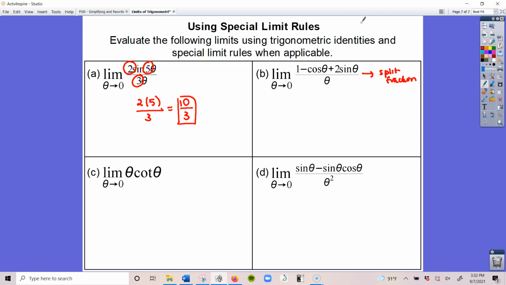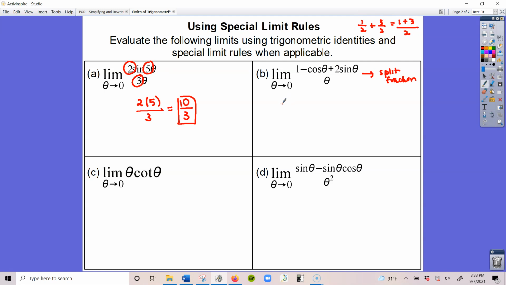You know how if you had 1 over 2 plus 3 over 2, everything is over 2, right? So we would just add the numerators, 1 plus 3, and leave it over 2. That's what happened here. This is 1 minus cosine theta plus 2 sine theta, and everything is over theta. So instead of putting it together like I did here, I'm going to split it back up like it was originally.